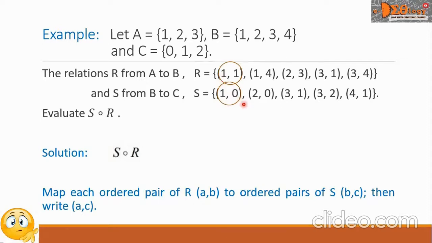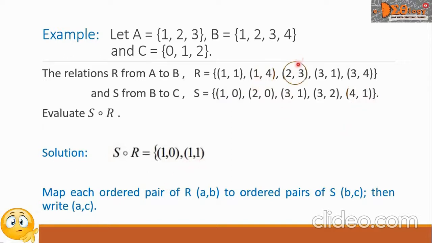So the first ordered pair will be (1, 0). Next, the second ordered pair (1, 4). Mapping this 4 to the ordered pair of S, we have this (4, 1). And then we will combine this number 1 and number 1. So we have here (1, 1).